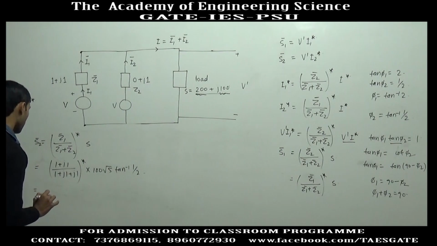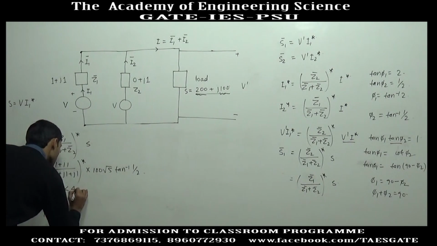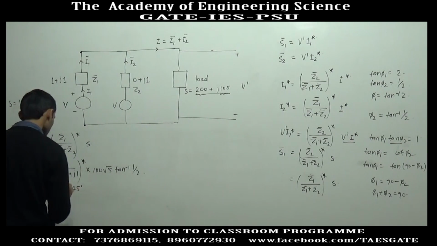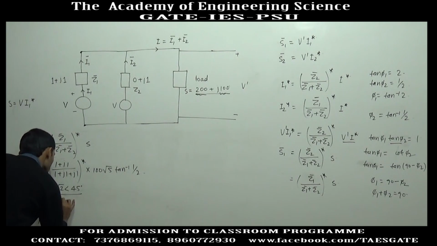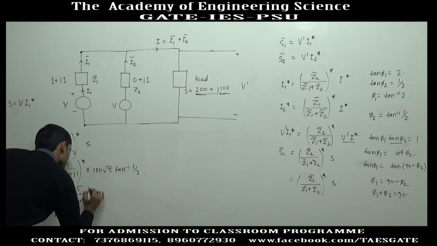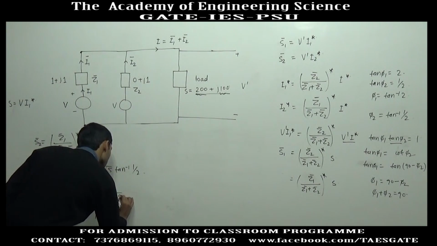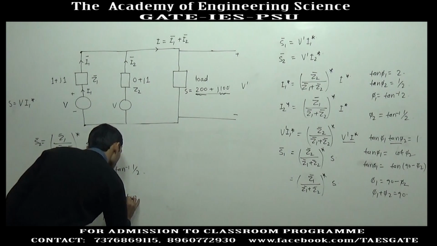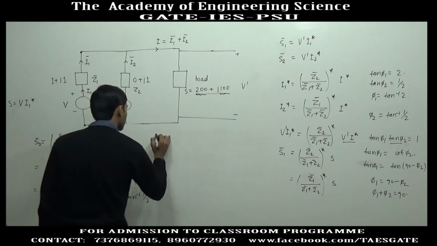This is equal to root 2 angle 45 degrees divided by root 5 angle tan inverse 2, star, into 100 root 5 angle tan inverse 1 by 2.